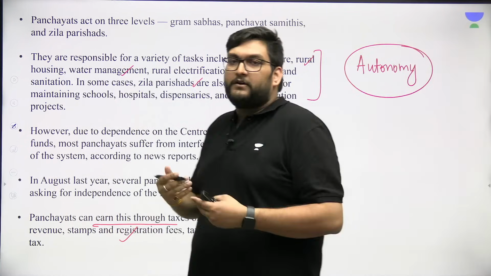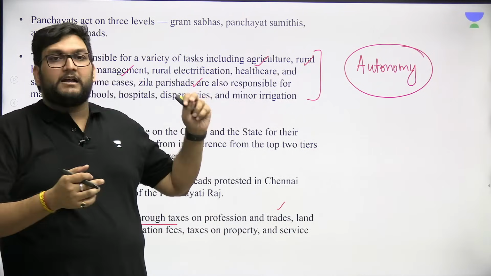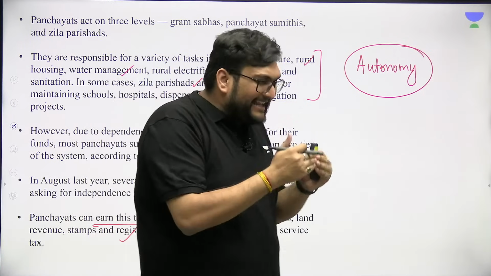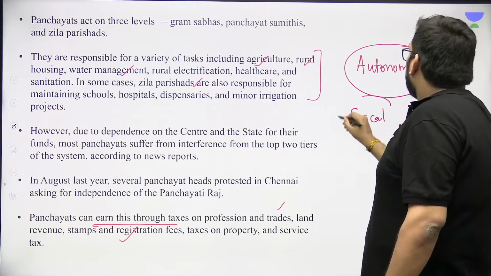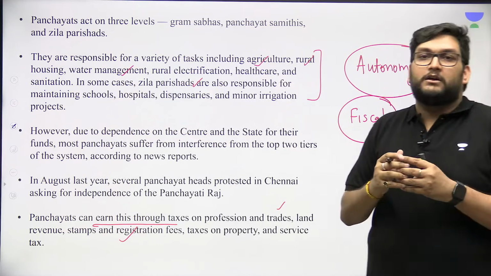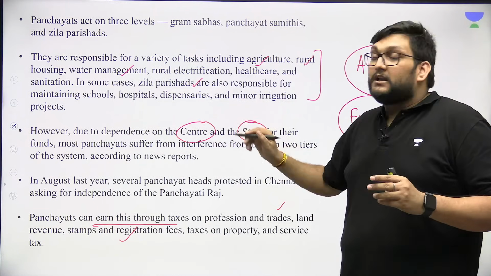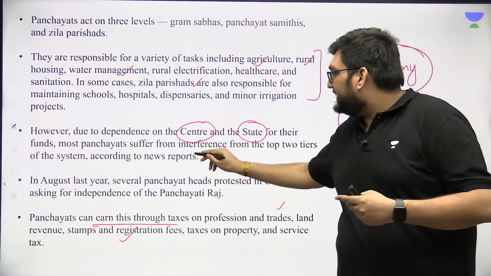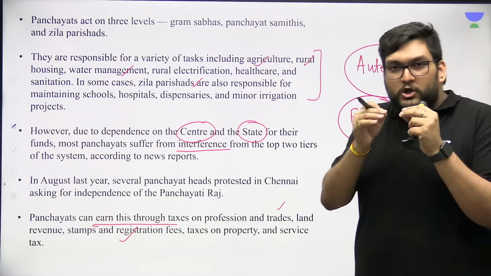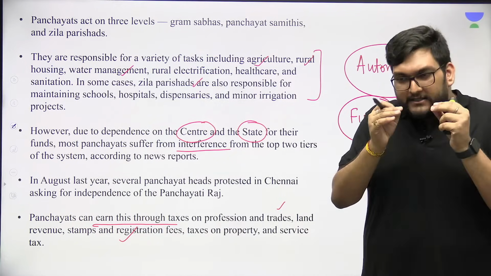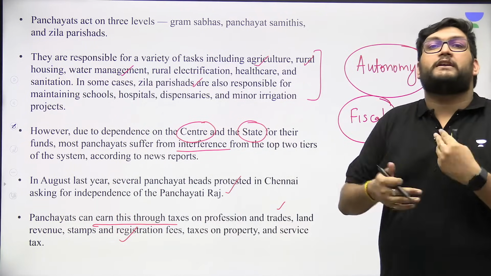PRIs should have autonomy, should have the right to do what they want to do, and their autonomy is very clearly linked with their fiscal autonomy, which is that if they are not financially sound and if they are getting only grants from the center and the state, that in turn increases the interference of the center and the state, and therefore there has been a lot of conflict in different states where the Panchayats are fighting for their independence.